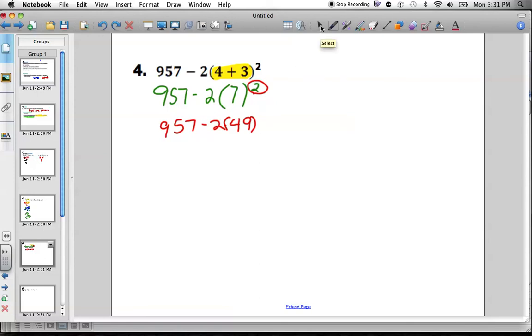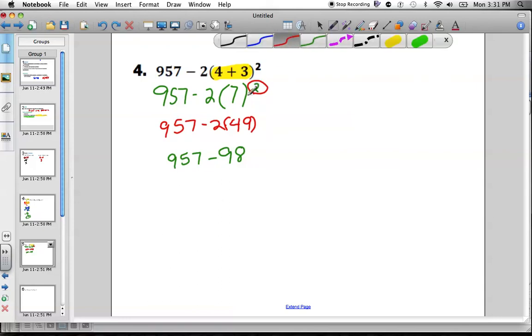And the next thing we have to do, after we do that, is multiply or divide in order from left to right. The only multiplication we have is this 2 times 49, which is 98. Bring down your 957. And 957 minus 98 is 859.